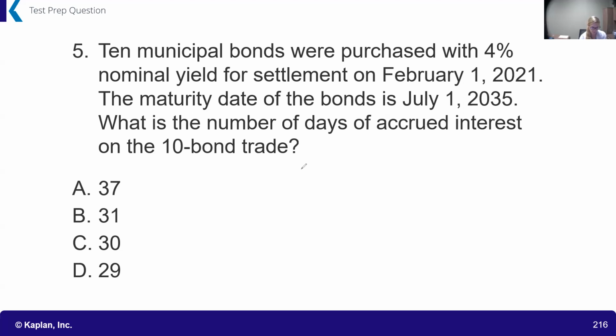We have 10 bonds, that's $400. But on the last check, you get your principal and your last interest check, so you get 10,200 basically. The reason that's important for us is this means it was a J&J bond. So July 1st means that the other interest payment date is January 1st. That's important. What is the number of days of accrued interest on the 10 bond trade?